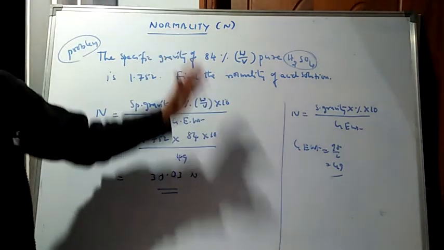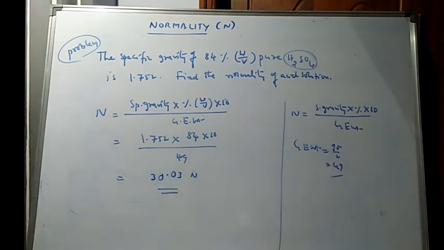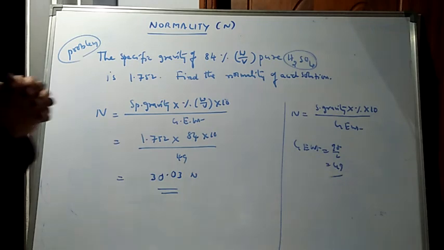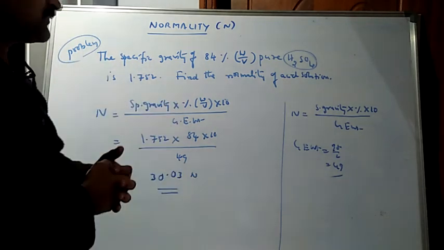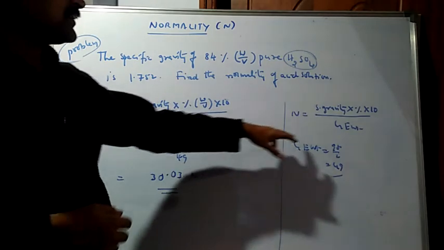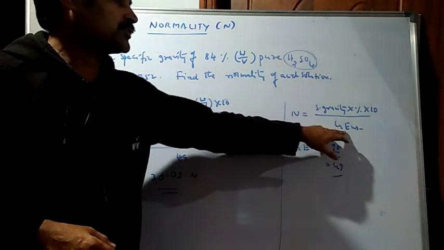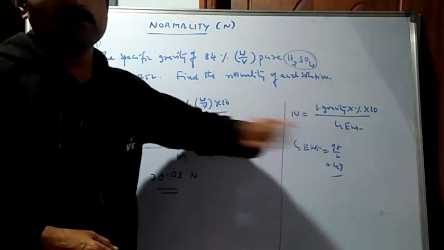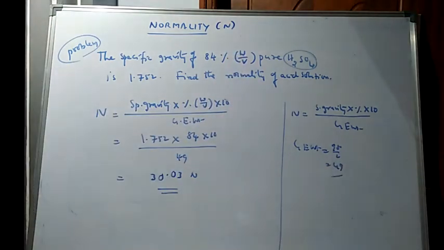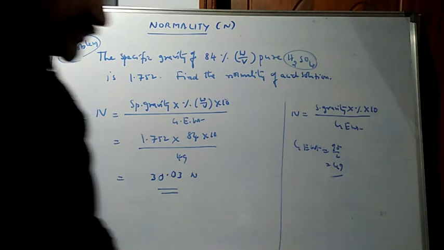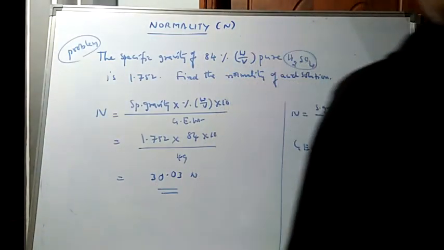So for normality of a solution, whenever they give density or specific gravity, you can use this formula. In the case of molarity, if they give the same thing, then you will use gram molecular weight only in place of GEW to find the molarity of such solutions. Okay. So this is the end of this small session about normality.